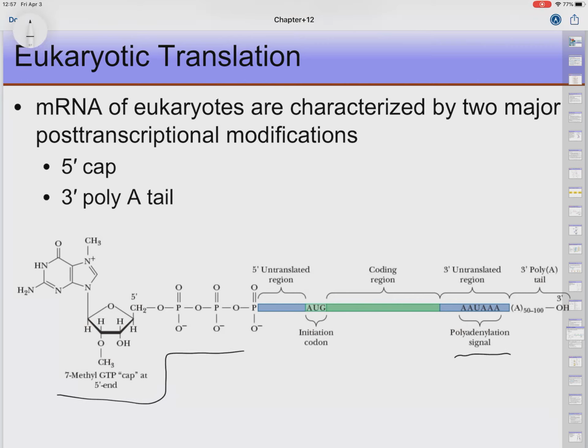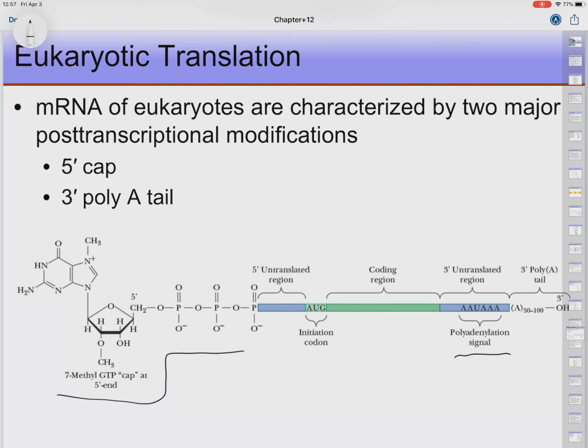So main difference, eukaryotic translation has a lot more initiation factors. We're going to see there's a few different steps, just like there was in prokaryotic initiation. We've got to assemble the 43S pre-initiation complex. We've got to recruit the mRNA, and this is where the 5' cap helps.